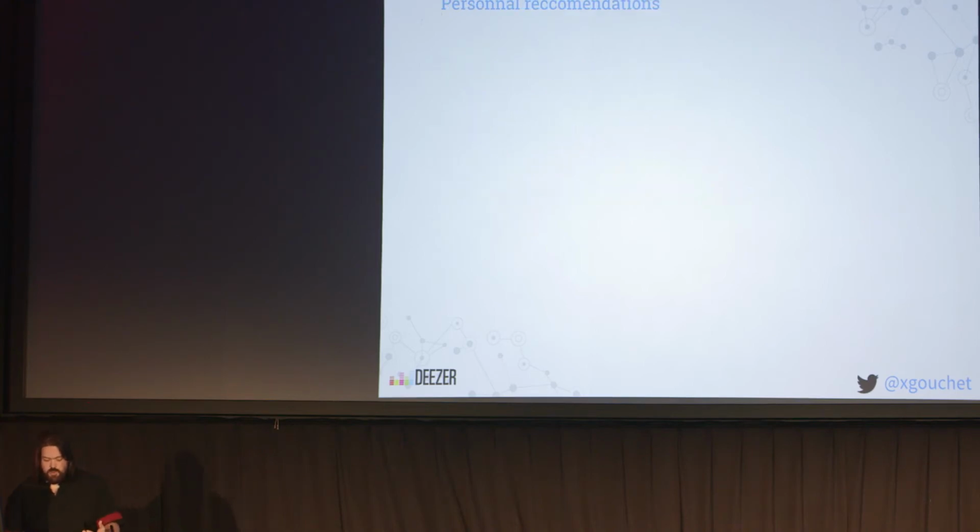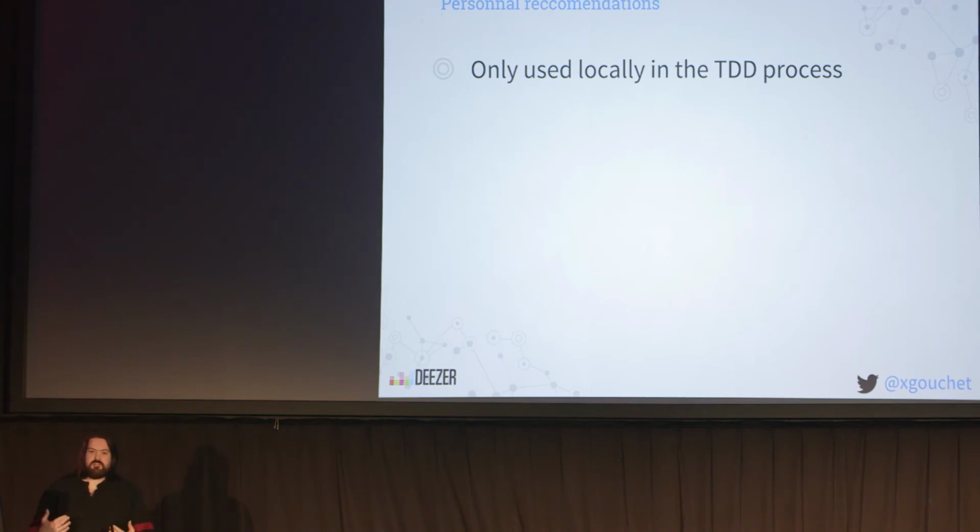So personal recommendations about that is to only use it locally during your TDD process. Basically what I do when I have to write a new feature or to maintain an existing feature is that I'm going to work TDD usually. Do my changes or create my new classes or whatever.